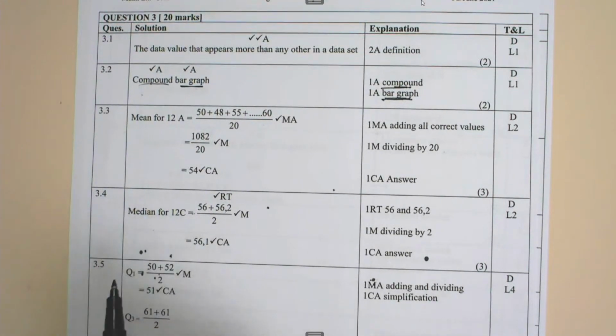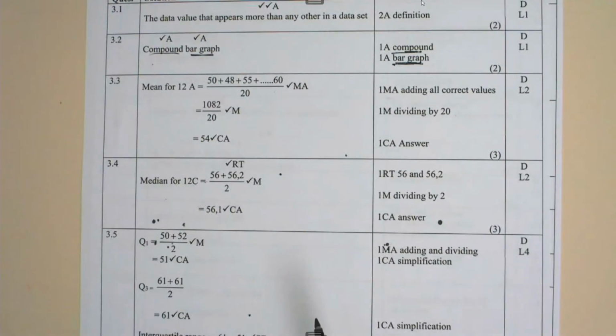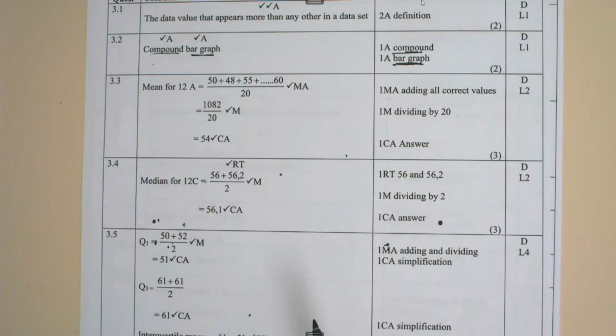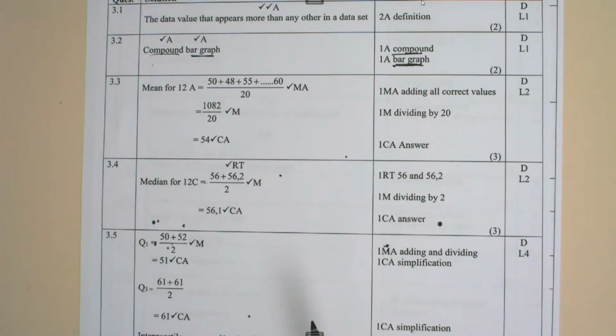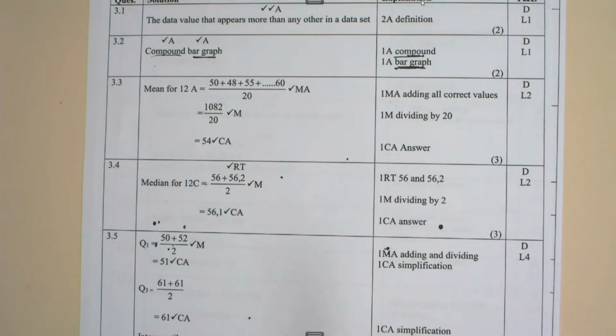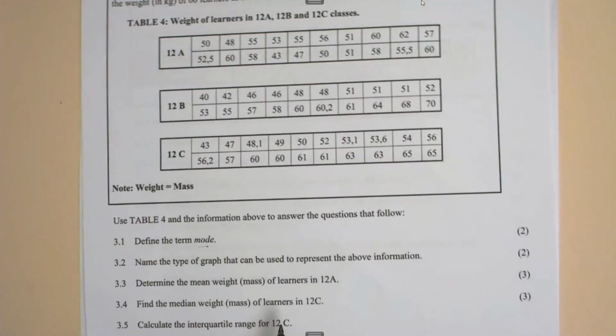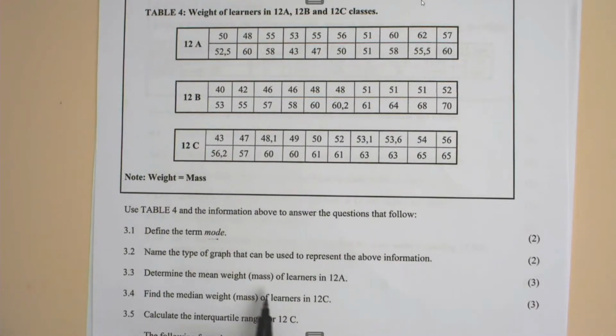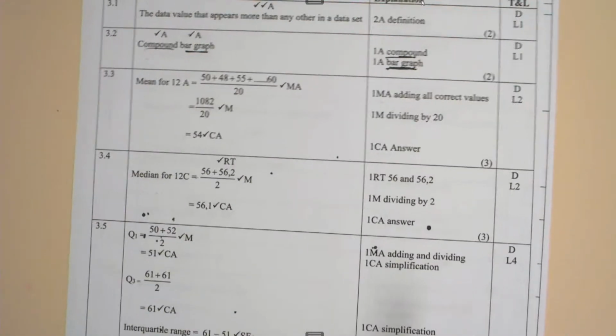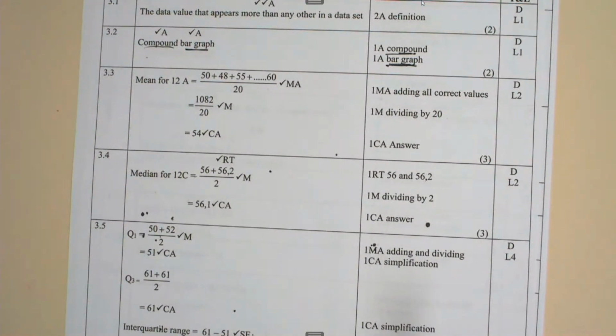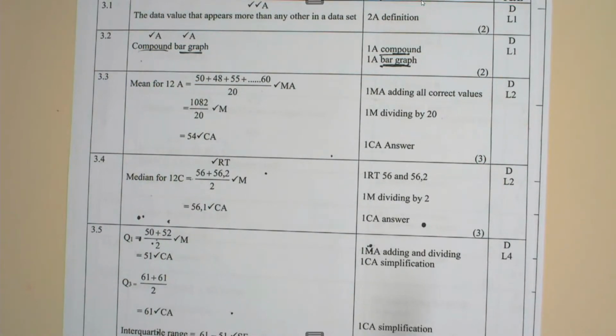Right, 3.4. Median for 12C, it's very important, colleagues. It says 12C. We're not expecting learners to use 12B or 12A. We want 12C. It's very specific. It says find the median of learners in 12C.